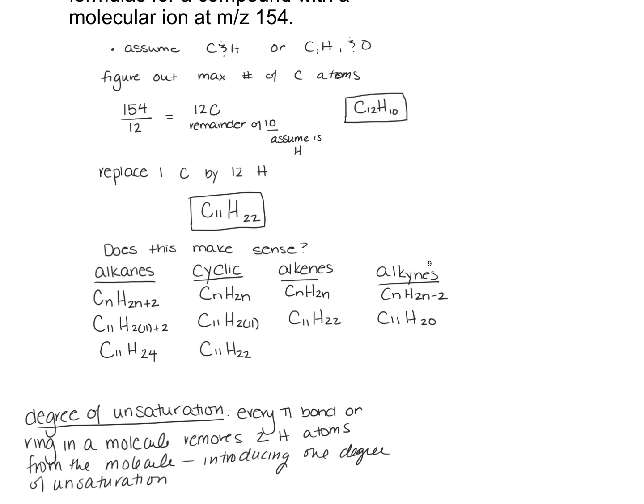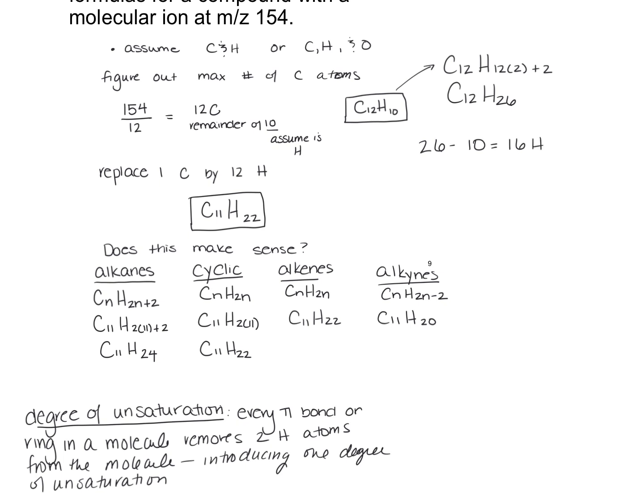When we come up and evaluate this for C12H10, this makes sense because what we can do is we can say, hey, look, we've got C12H12 times 2 plus 2, that's C12H26, okay? And so we have 26 hydrogens minus 10 hydrogens in this formula gives us 16.